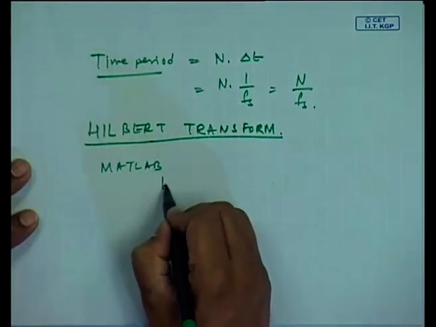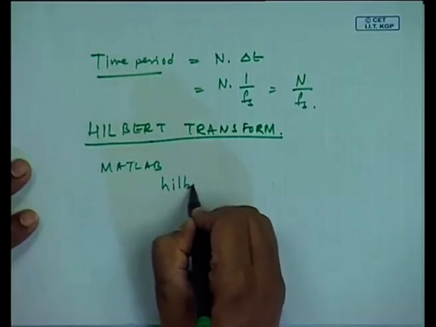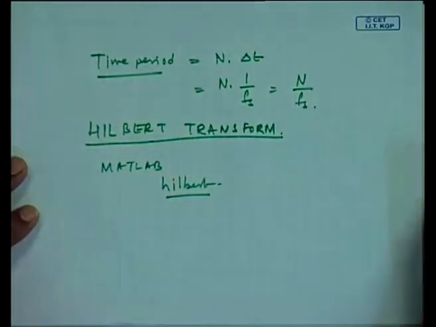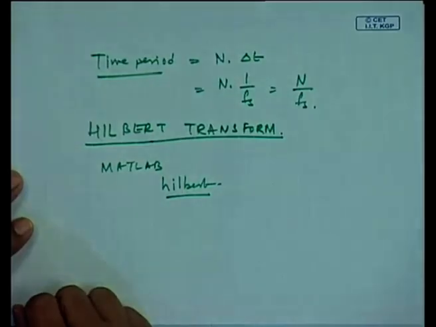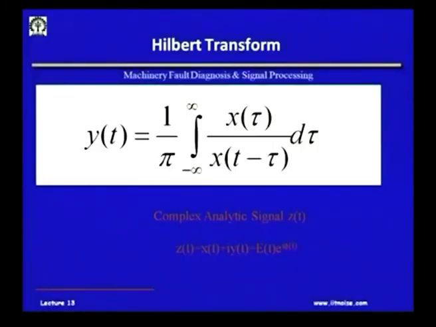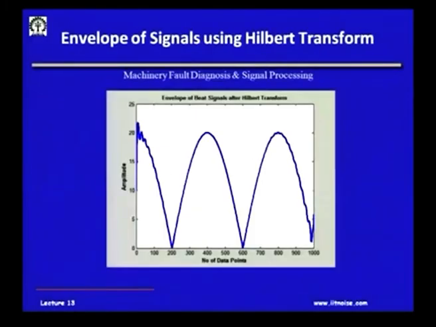If you use the function hilbert on an amplitude modulated signal, you will get the envelope. If you look here, this is the envelope of the beating signal, which has been obtained by just doing the Hilbert transform of that beating signal, and you can all do this in software like MATLAB very easily.